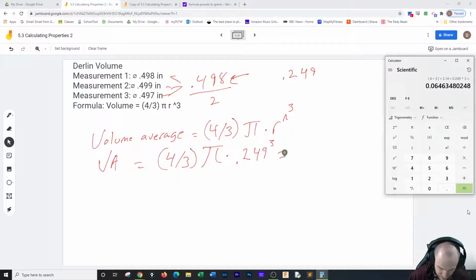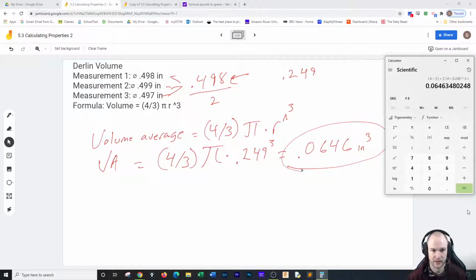So when you get all that through the calculator, you get 0.0646 inches cubed. So this is going to be your answer for this problem.